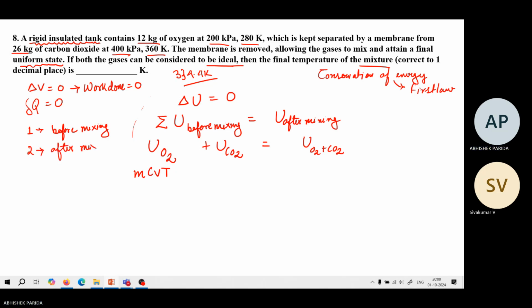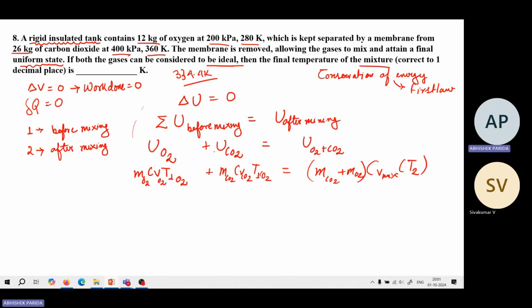So m O2 Cv O2 T1 O2 plus m CO2 Cv CO2 T1 CO2 is equal to (m CO2 plus m O2) Cv of the mixture times the final temperature T2.